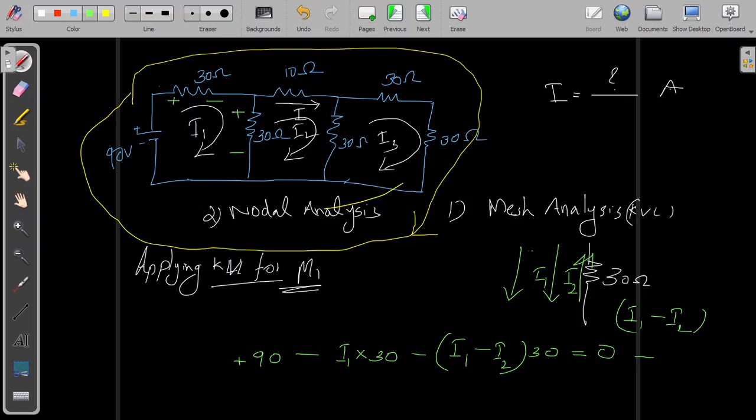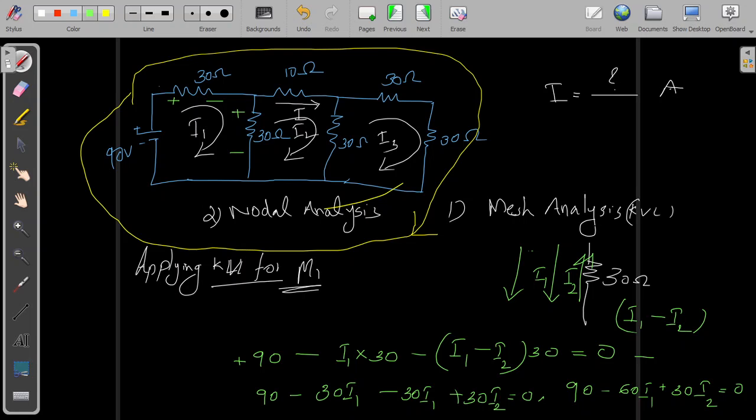Now I am rearranging this equation so that I get only I1 and I2. Then I get 90 minus 30 I1 plus 30 I2 equal to 0. I also have the other minus 30 I1, so minus 30 I1 minus 30 I1 is minus 60 I1. So 90 minus 60 I1 plus 30 I2 equal to 0.